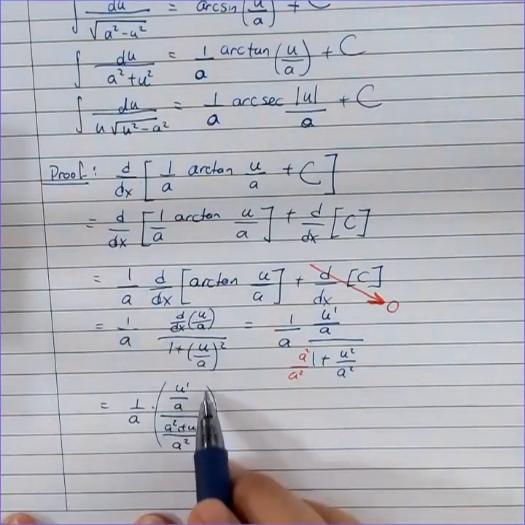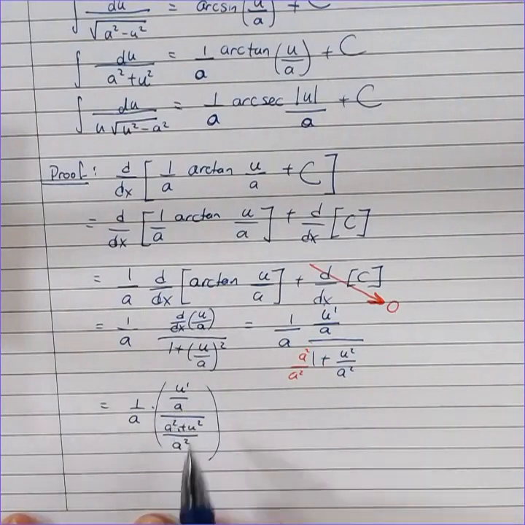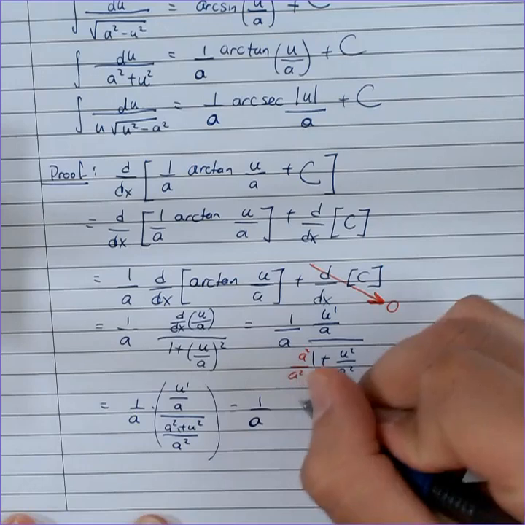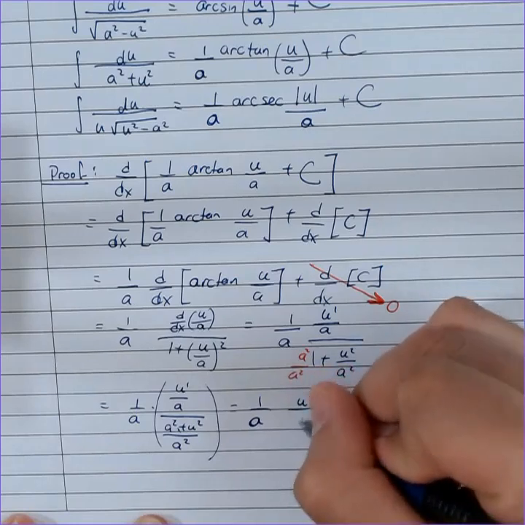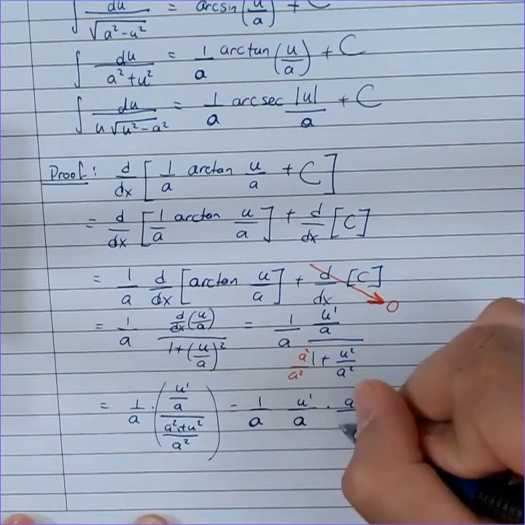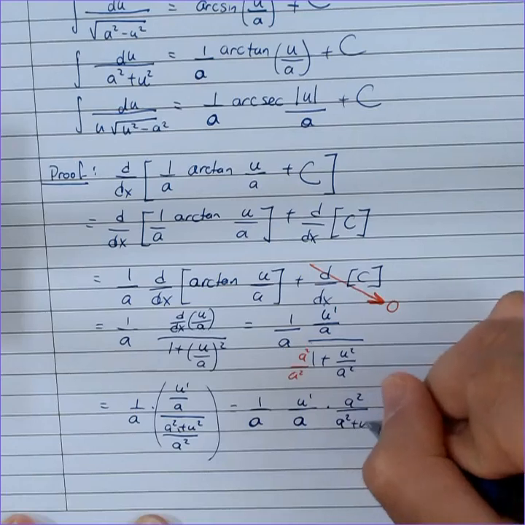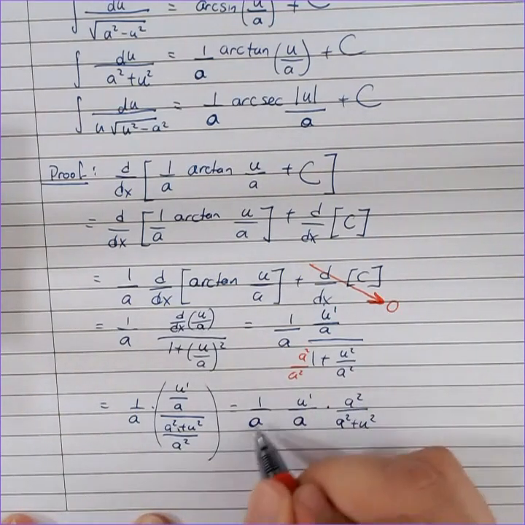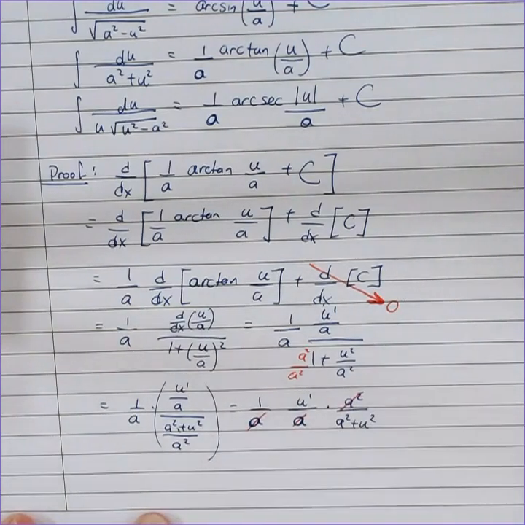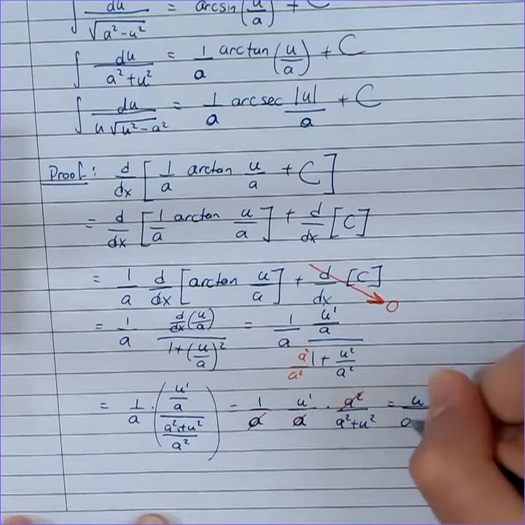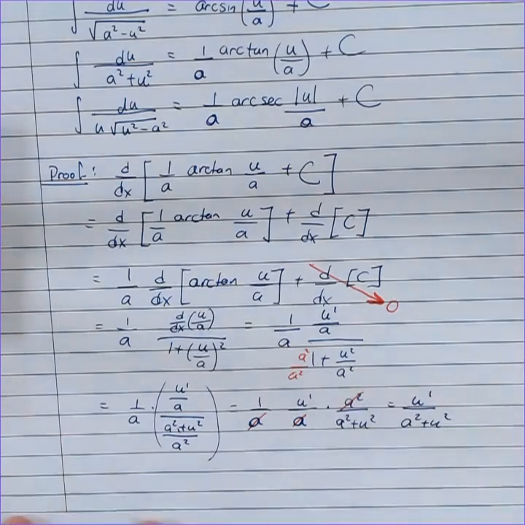Now here I'm dividing by a fraction, which is the same as multiplying by the reciprocal of the fraction. So I can write that as 1 over a times u prime over a times a squared over a squared plus u squared. And here, a times a is a squared, so these divide this. And we're left with u prime over a squared plus u squared.